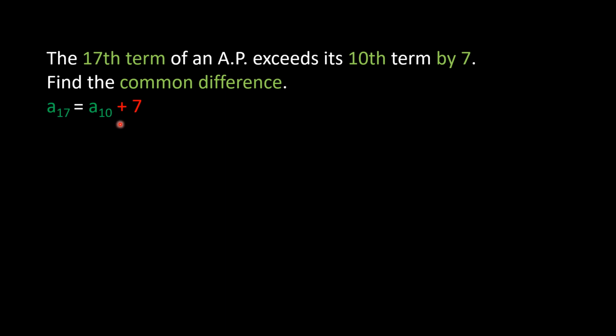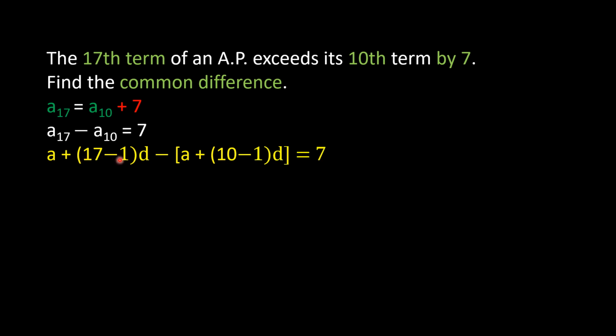We write A17 minus A10 equals 7. Now, in place of A17, we will write A plus 17 minus 1 into D, and in place of A10, we will write A plus 10 minus 1 into D equals 7.